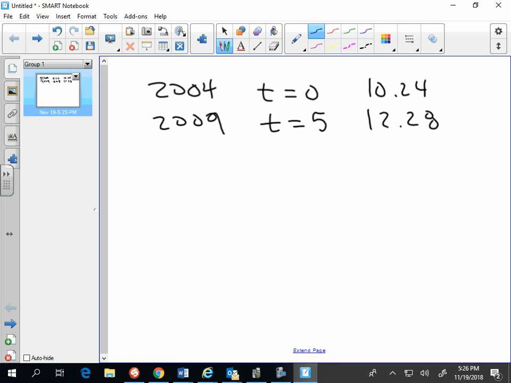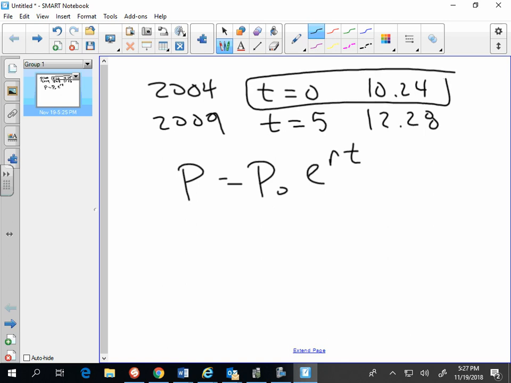So when I think about this continuous growth, and I'm not using logistic for any of these problems, I'm just using PERT. When I think about continuous growth here, I think about P equals P sub 0 e to the rt. And I'm going to plug in my initial amount, that's the amount of population at time equal to 0, for P sub 0.